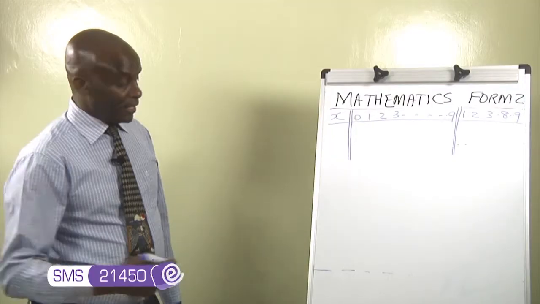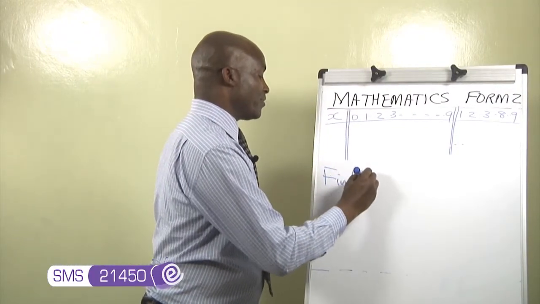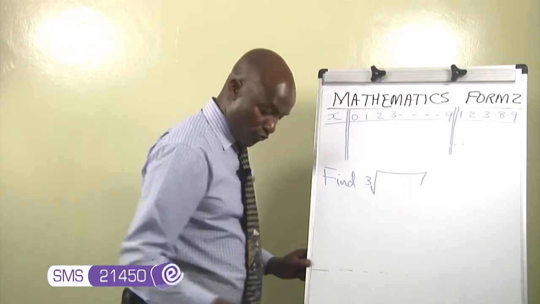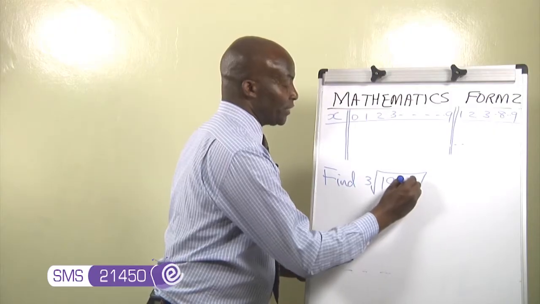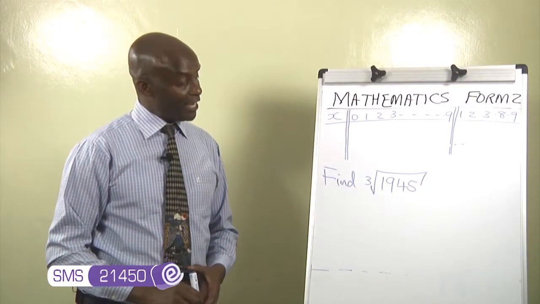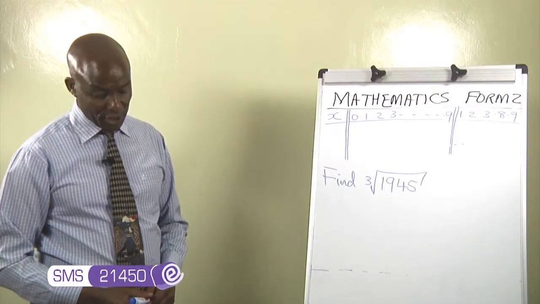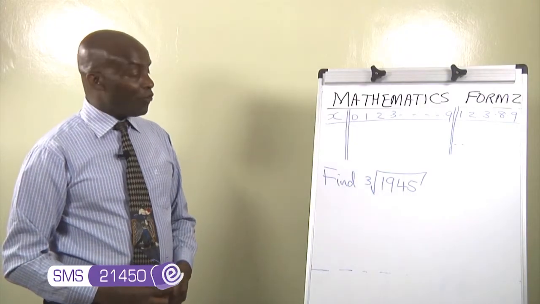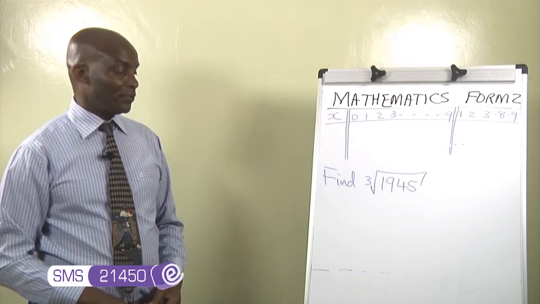Now, let's say you have been asked to find the cube root of 1945. Of course, you notice that this number is greater than 1,000.